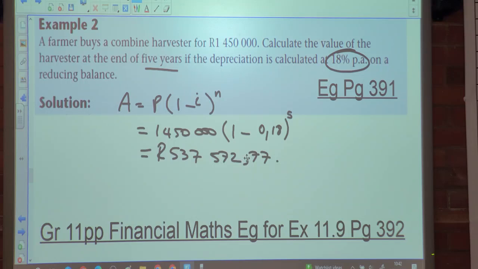So if the farmer after 5 years decides to sell this combined harvester, this is the price, or the book value of the item. Okay, you guys understand? Okay.